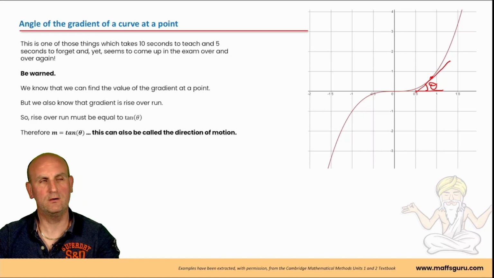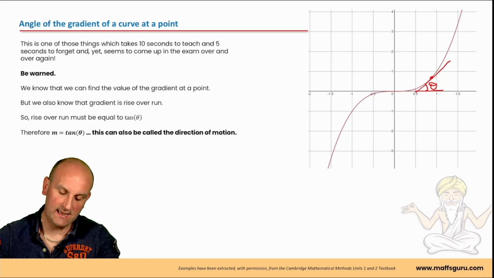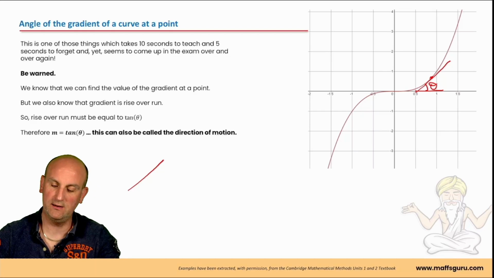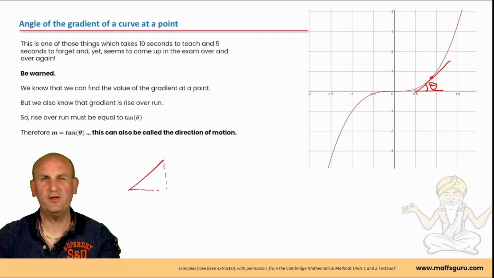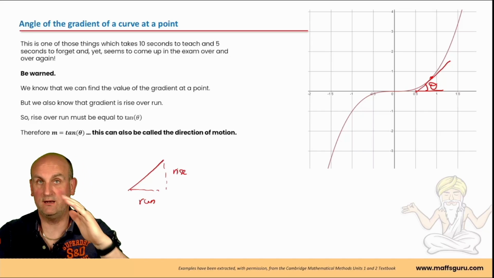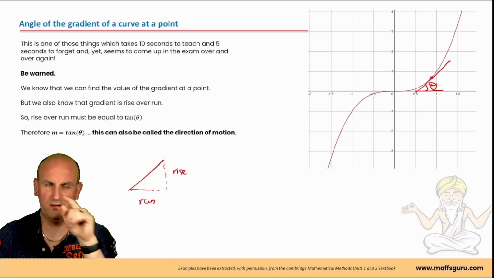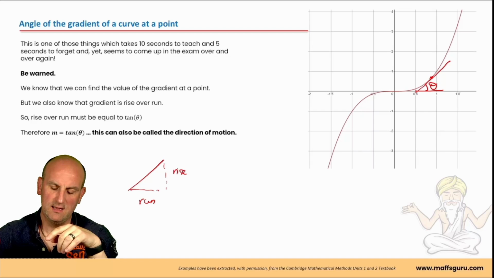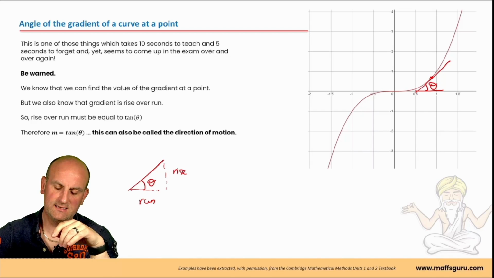Right, now we've got a gradient, yes? We've got a straight line there. So taking that straight line, I've just drawn it there. What do I know? I know the gradient of a straight line is given by rise over run. Yes, that's just the gradient of a straight line. But hold on a moment. This angle here, when I do rise over run, is tan theta.